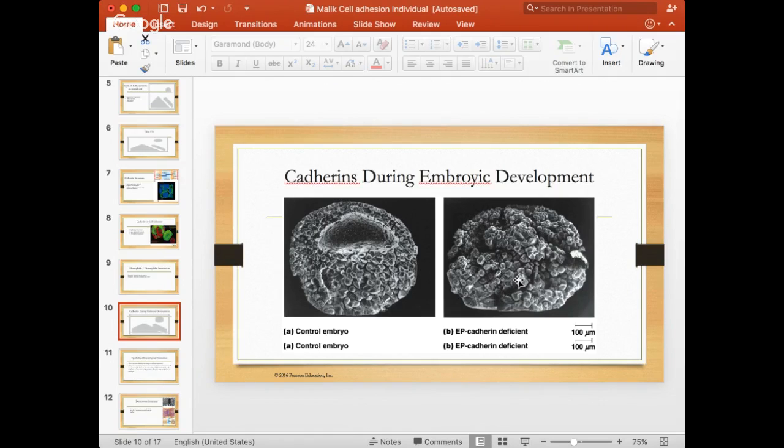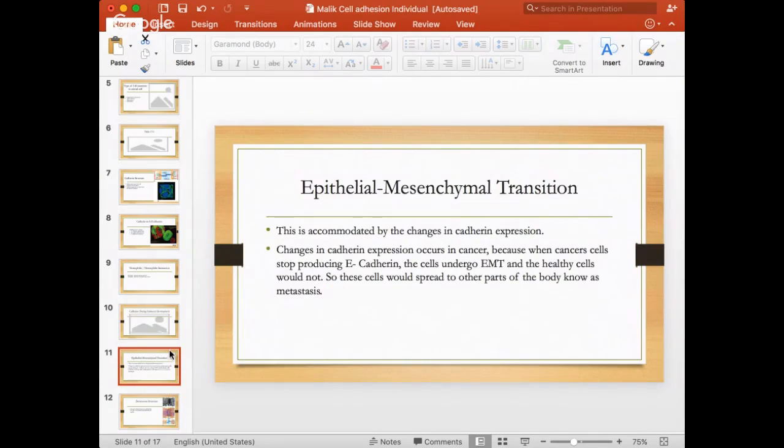As you can see, the dynamic assembly and disassembly of cadherins is really tightly regulated. Other cadherins help neuron cells form bundles and establish synaptic connections.